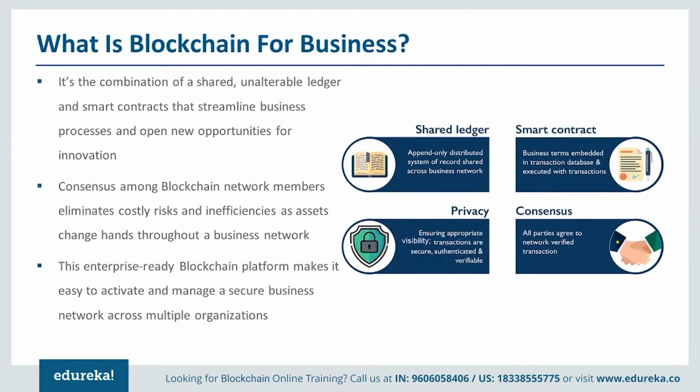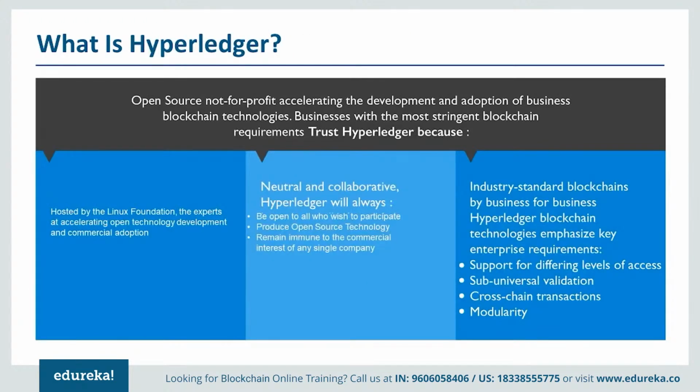Now, what is Hyperledger? Hyperledger is a product coming from the Linux Foundation. The Linux Foundation is one of the biggest bodies in the world which promotes open source products, and Hyperledger is one of their projects for creating a permissioned or private blockchain. It is hosted by the Linux Foundation, the experts at accelerating open technology development and commercial adoption.